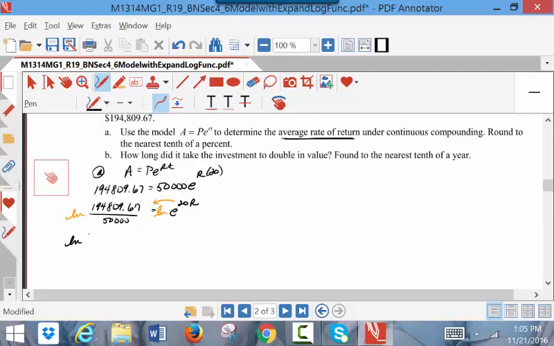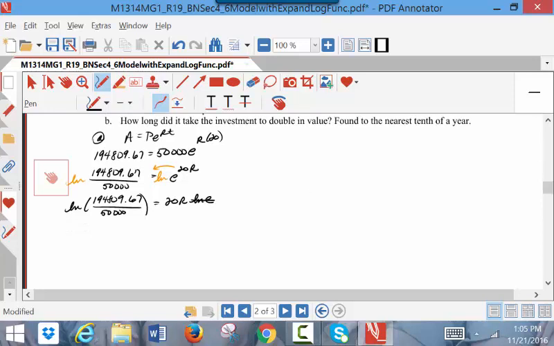So you have the natural log of 194,809 over 50,000, equaling 20R natural log of E. Natural log of E is a 1, so now divide it by 20.